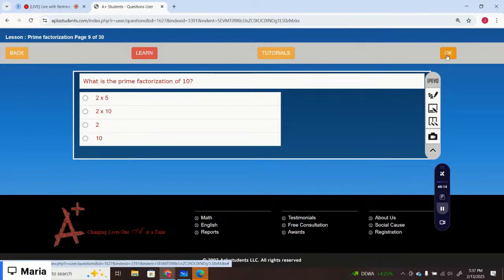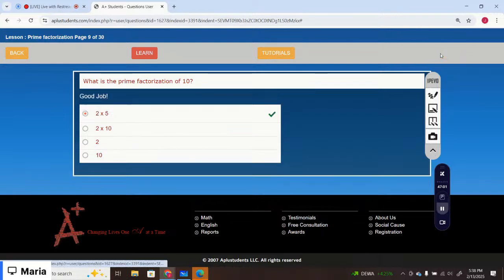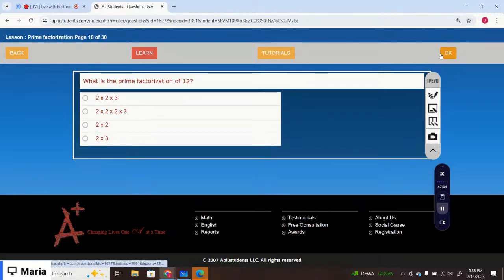What is the prime factorization of 10? Option number 1 is the correct option. 2 times 5 is 10. What is the prime factorization of 12?